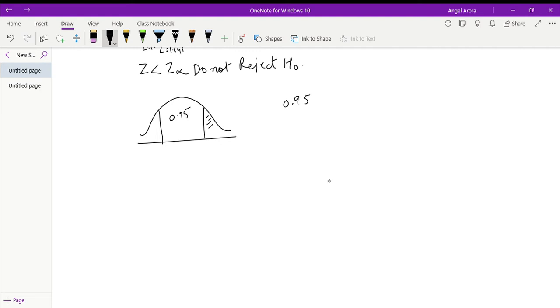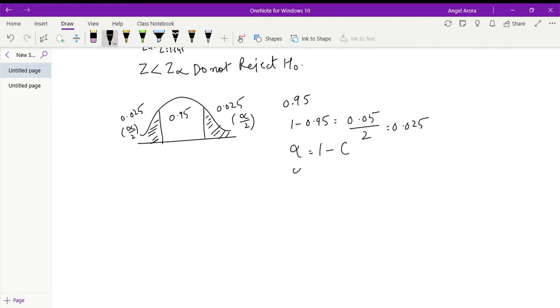Because this is a two-tailed test, the remaining 0.05 is divided by 2, giving 0.025, and this area will also hold the same value, 0.025, or we can say alpha upon 2 and alpha upon 2. What is the value of alpha? 1 minus the confidence coefficient, or 1 minus 0.95, so 0.05. So this area will be alpha upon 2 and this area will also be alpha upon 2.